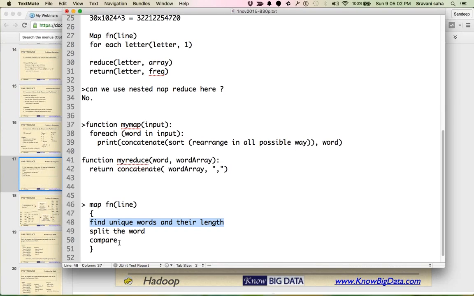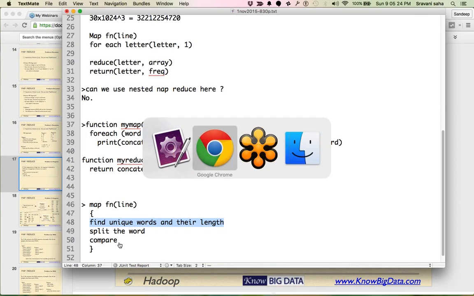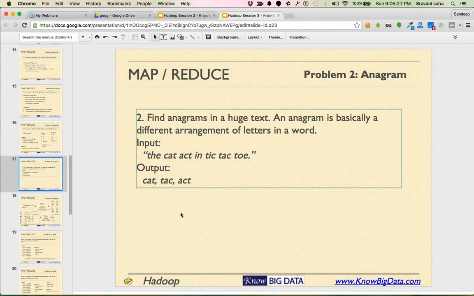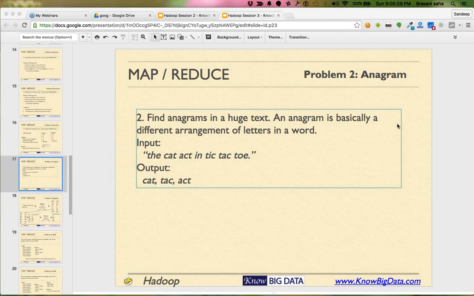If you are trying to find unique words and their lengths, and split the word and compare, this will be quite an intensive process. You'll have to pick one word and compare with the other, and if there are millions of words, you'll have to iterate through them. So Randhir has got pretty much right.